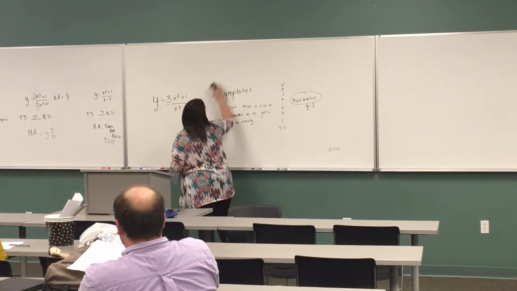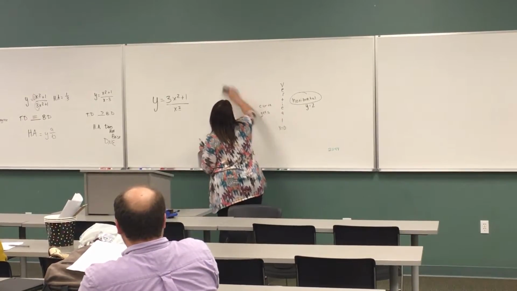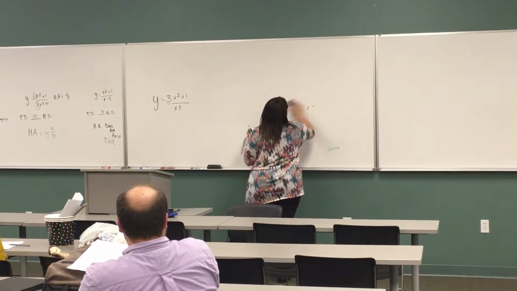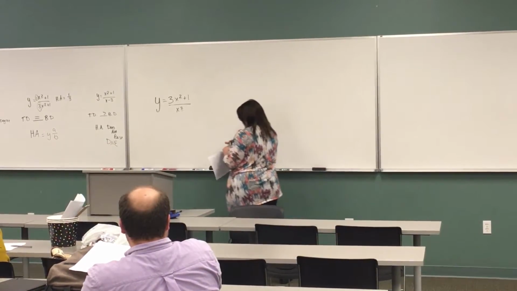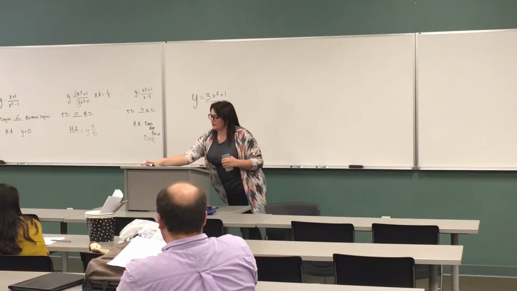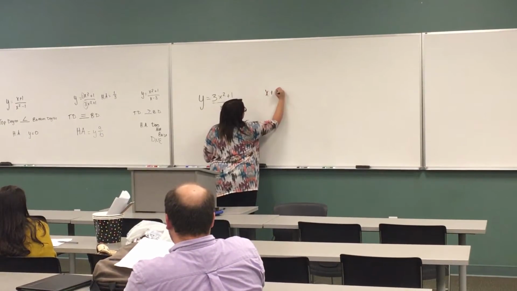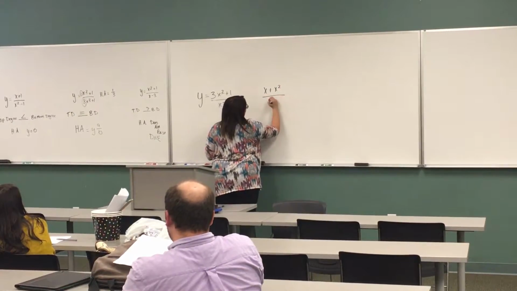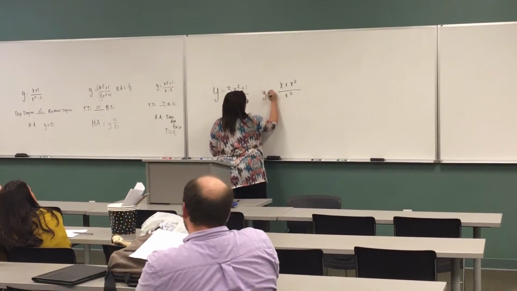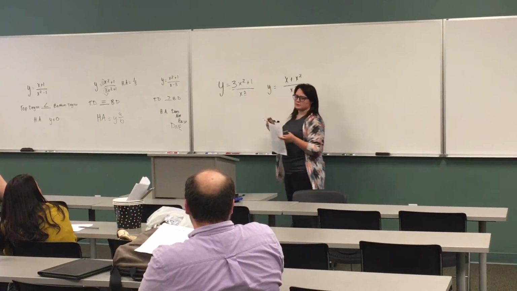Awesome. Let's do one more. Look at a little trickier case. If we have x plus x squared over x squared, what would the horizontal asymptote of this one be?